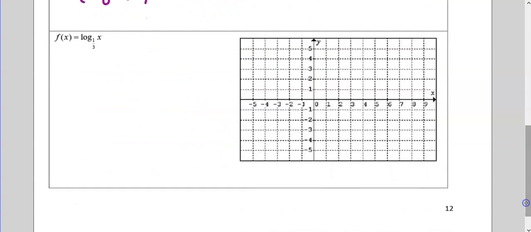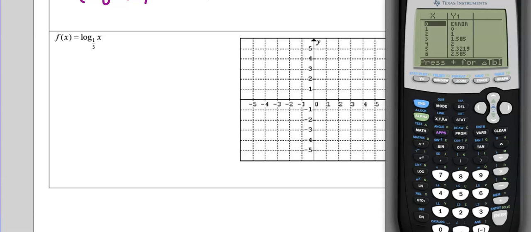Okay, last one. I'm going to go to my calculator, go to y equals, and I'm actually going to just come in here and change this to 1 divided by 3, which I can do. I can just overwrite it and hit graph.